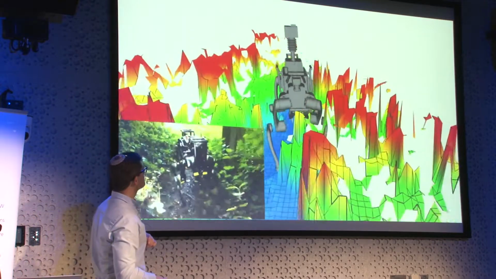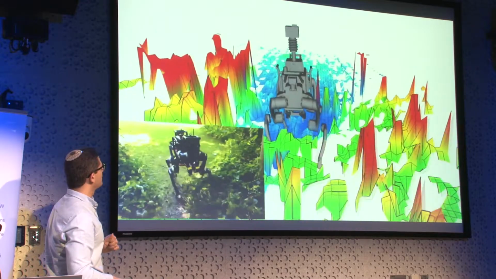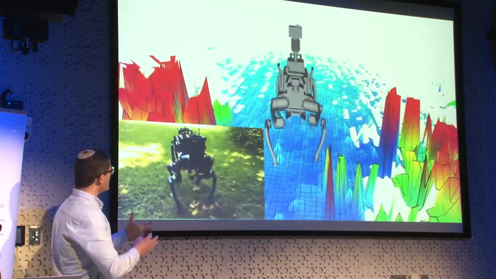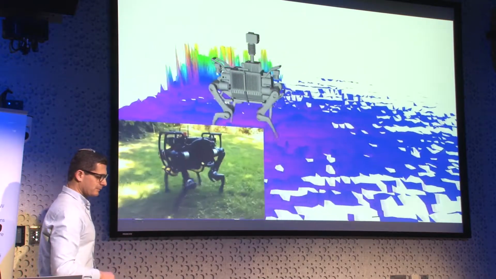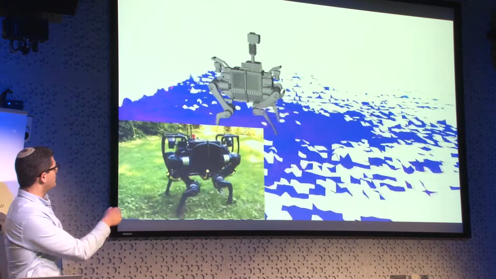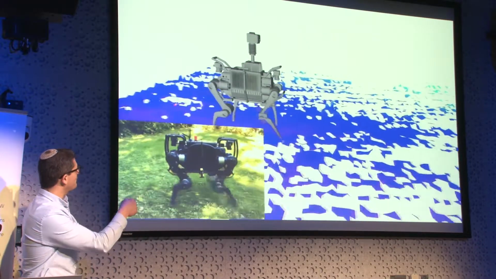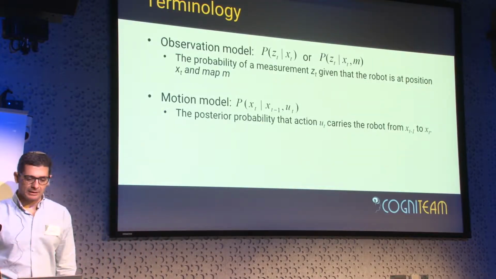And you will see that this is not mapping, because it only projects what it can gather from the lidars. Okay, so this is what it sees in front and back, and this is using the elevation map.